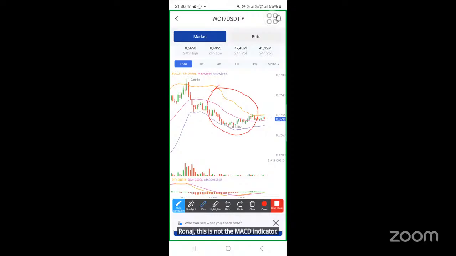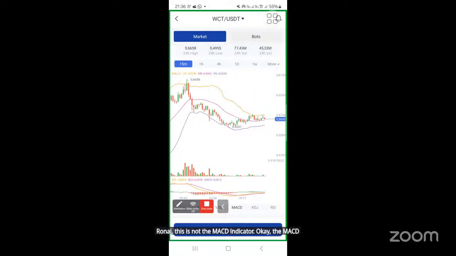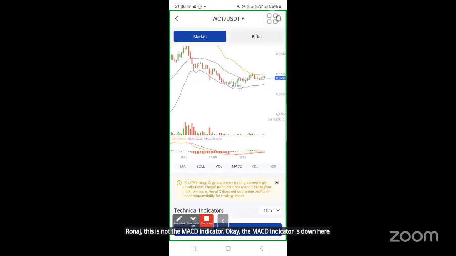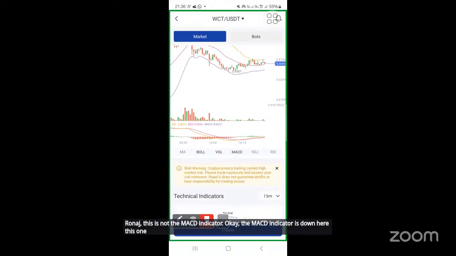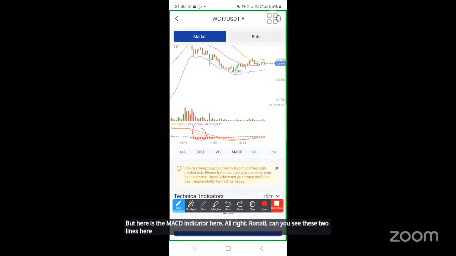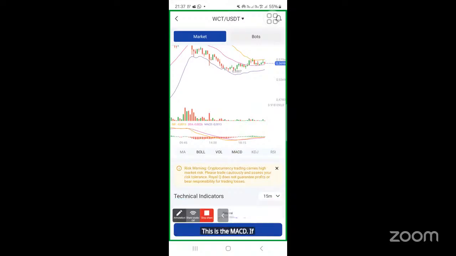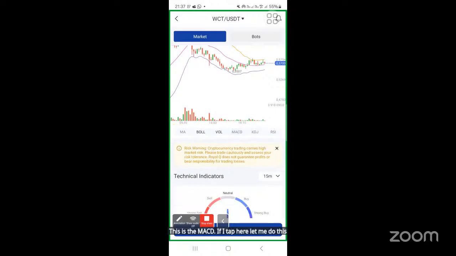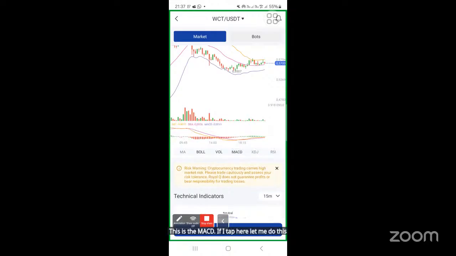The MACD indicator is down here. This one. I cannot even enlarge the screen, but here is the MACD indicator. Ronald, can you see these two lines here? This is the MACD.